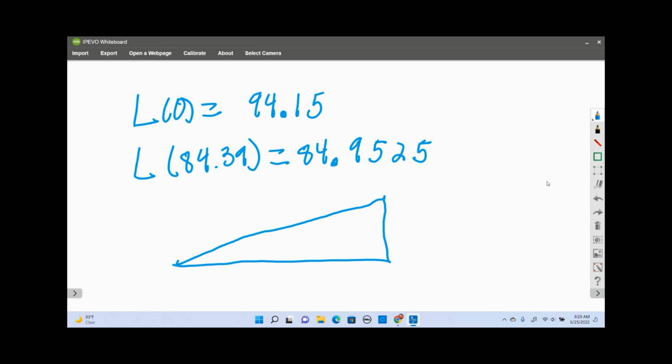And by a pretty significant margin compared to L of 0, because L of 0 should make sense. L of 0, you're doing this distance to 9.76, and it's simply the 9.76 plus the 84.39.